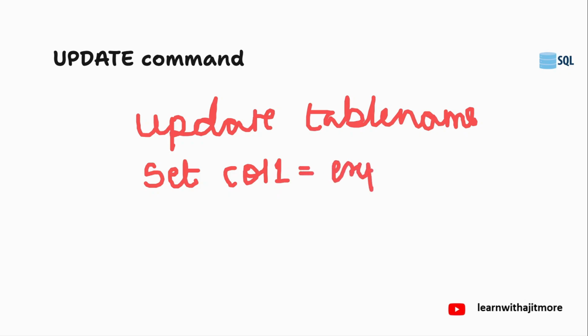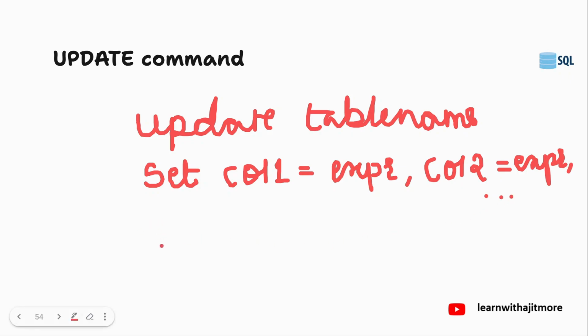It can be an expression, it can be a constant value, it can be an expression built from some other columns. Okay, so you have to just give an expression. Same way, if you want to modify different column values at a time, you can give that other column also. Column 2, again an expression. Okay, this can go on.